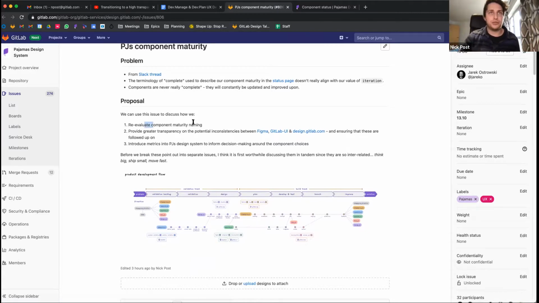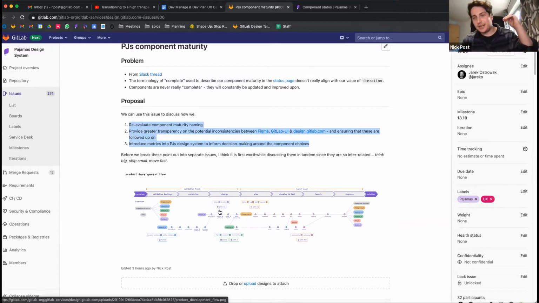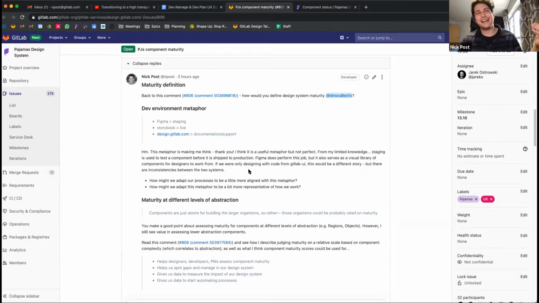That means talking about maturity naming, having greater transparency on the potential areas for inconsistencies within our design system, and also introducing some metrics into the design system to get a better understanding of what's going on and enable informed decision making. At first glance, these three things may seem a little unrelated, but I've outlined in a very large comment to Tori why I think they are related.